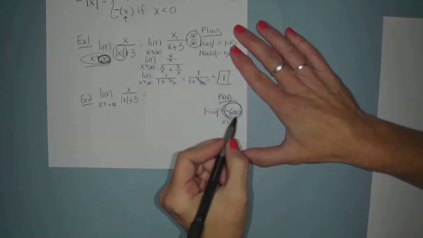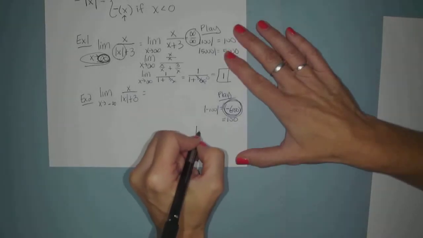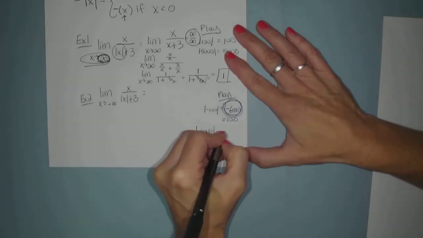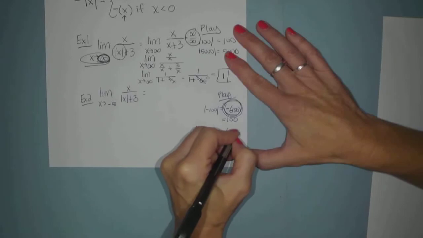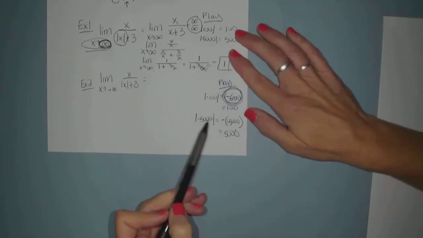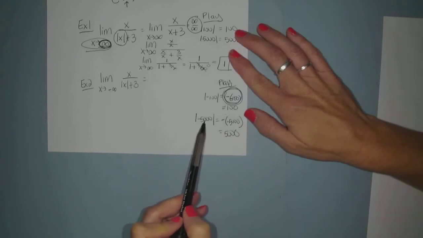This step has the same effect on this answer as this absolute value does. And if we do the absolute value of negative 5,000, well, that's the opposite of that negative 5,000, which is positive 5,000. See, we can go from here to here or from here to here. These two are the same.